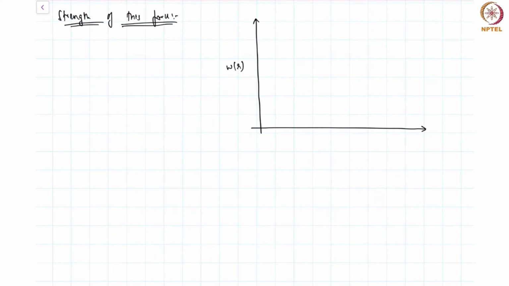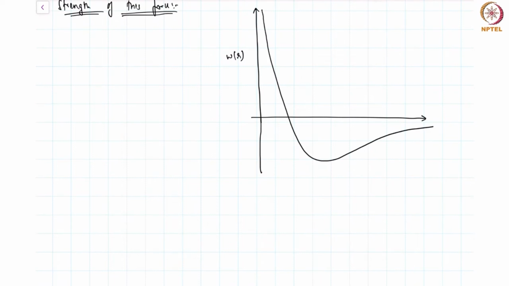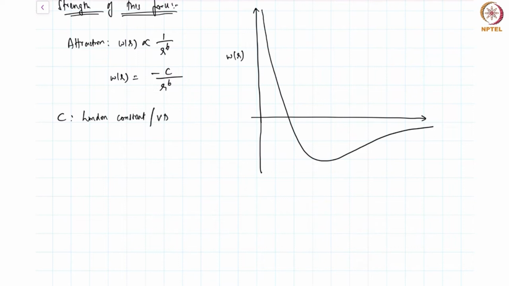For example, if I say the interatomic potential is given by this quantity W of R, then we would typically have a shape like this, and the far field attraction is given by W of R proportional to 1 by R power 6, and it's an attraction, therefore we have a constant C over R power 6. This constant C is referred to as the London constant or the van der Waals constant.